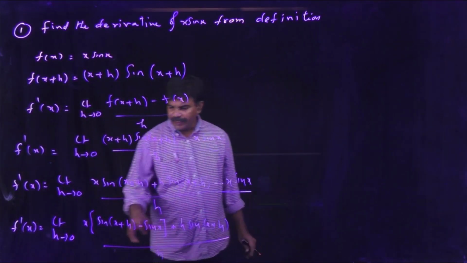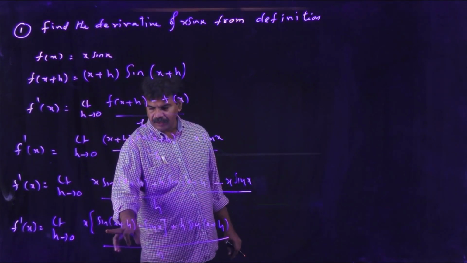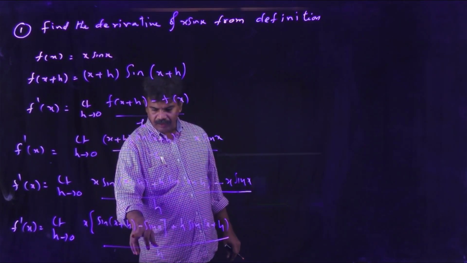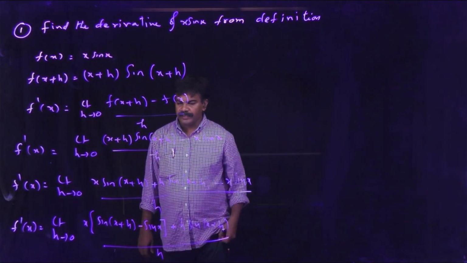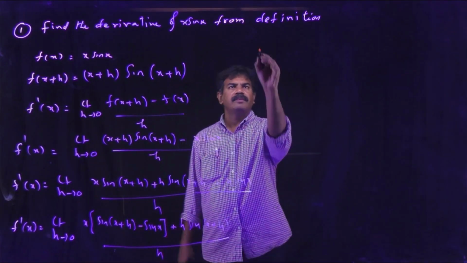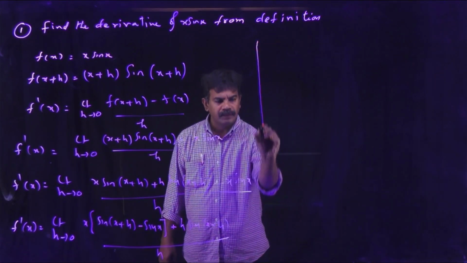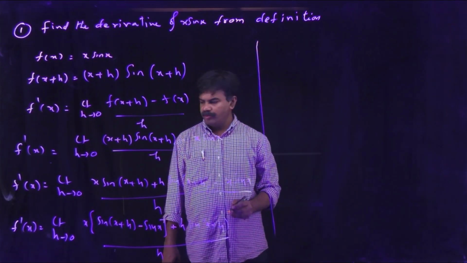So we write two limits here. This is one function and this is another function. Now we write separate limits for every function.